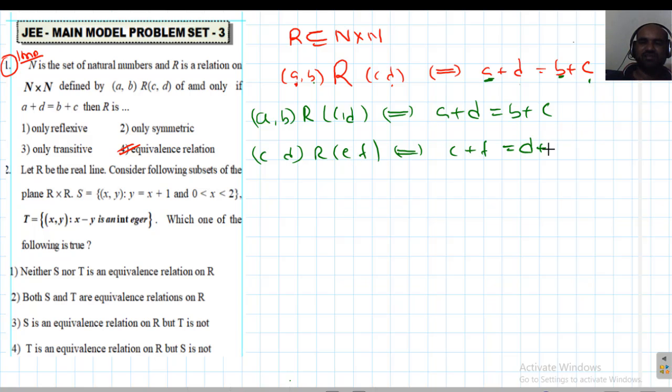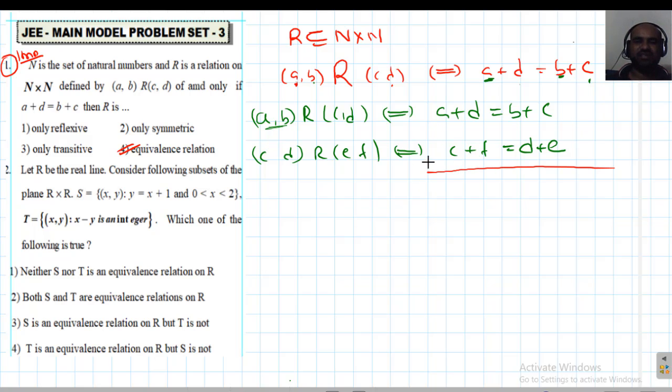Now what should we prove? (a, b) related to (c, d), (c, d) related to (e, f) gives (a, b) related to (e, f).